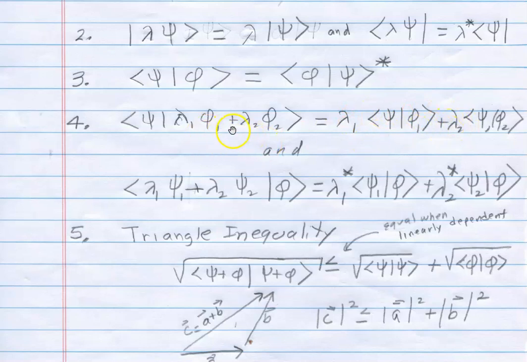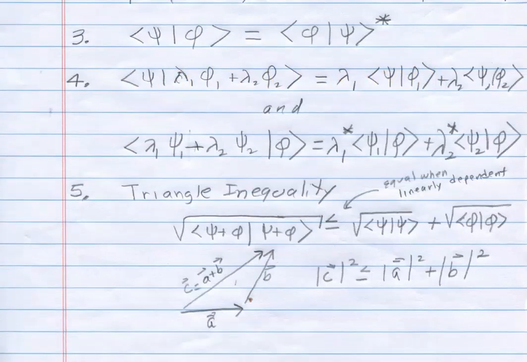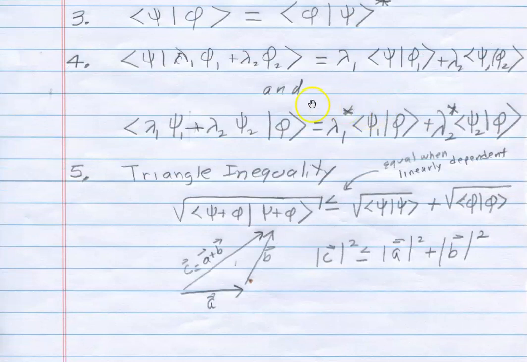This relationship just says that the bracket is a linear operation. If I do it on the other side, it becomes antilinear, or complex conjugate linear. Remember these have a complex conjugate in it, so again I can distribute across and get psi 1 phi, psi 2 phi. But when I pull out the lambdas, they pick up a complex conjugation sign.